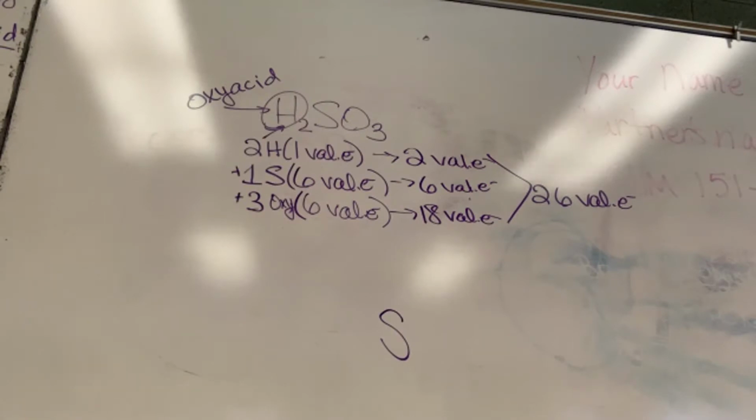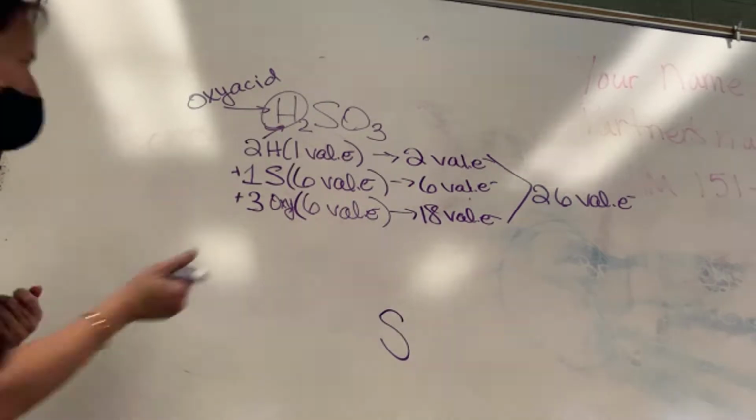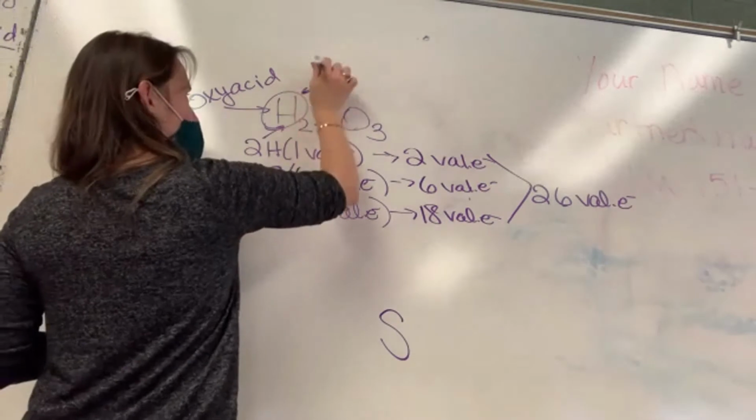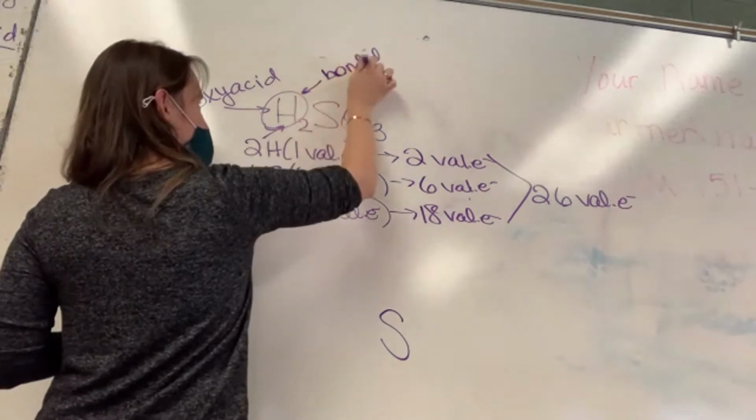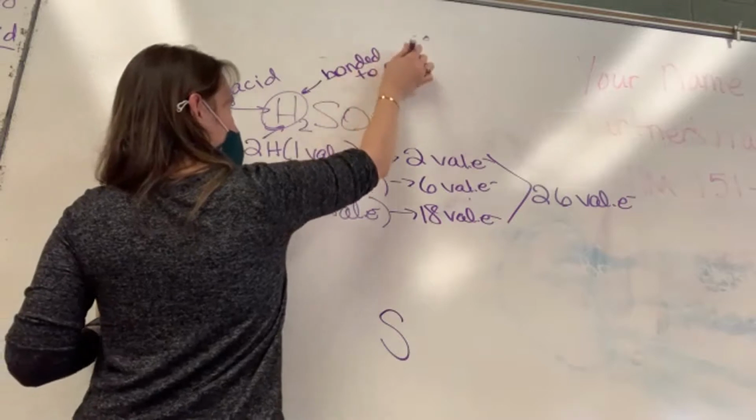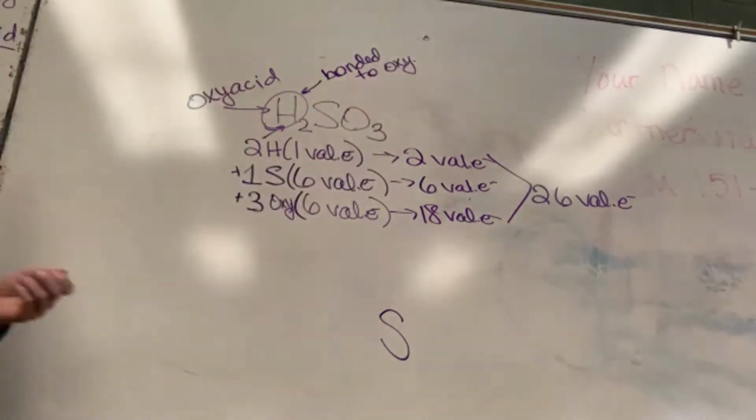What does it say there? The acidic hydrogen atoms are single bonded to oxygen. And so these two here, they are bonded to oxygen.